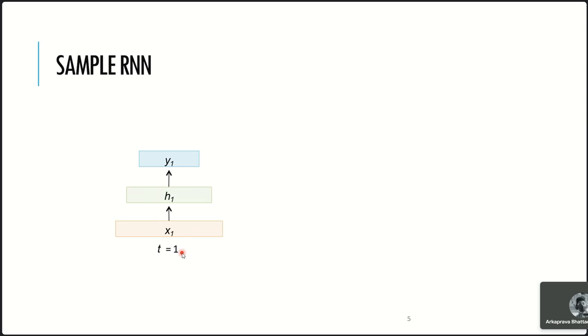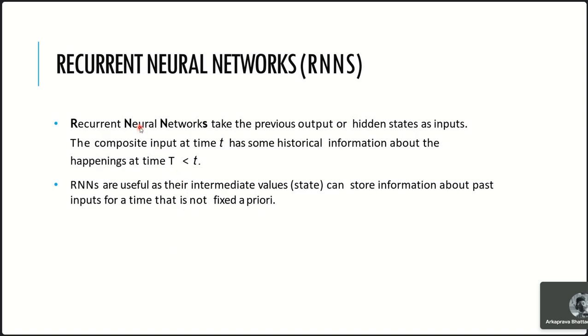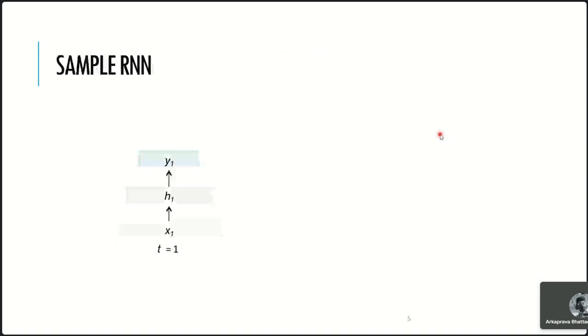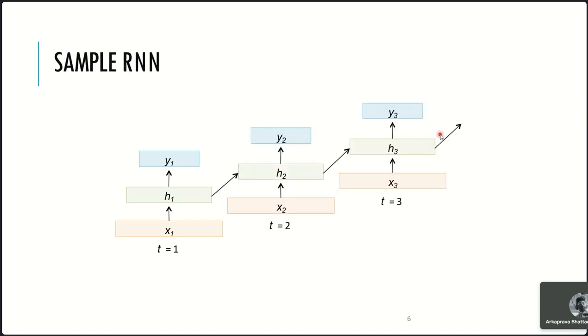Now, let me remind you of the first point: RNN takes the previous output or hidden state as the current input. Let's see how that is done in the architecture. At time t equal to 2, again we have x2 going into h2.